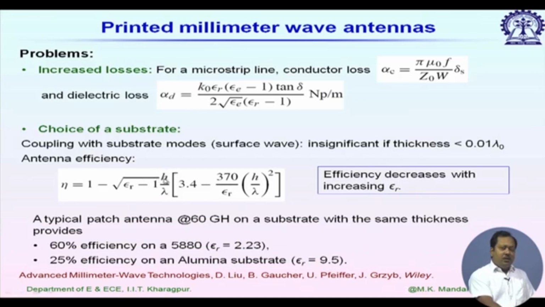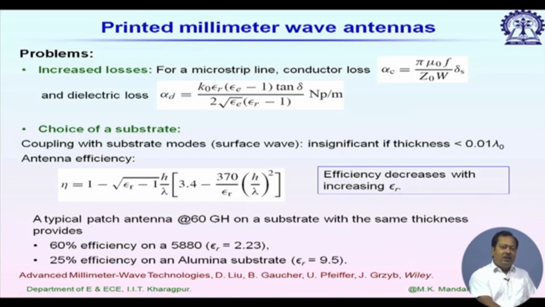So, thickness with respect to the wavelength or operating frequency, and one more epsilon r term is here. Now, if I plot eta versus epsilon r for a given thickness, let us say h is fixed and frequency is also fixed, that means lambda is fixed, in that case eta decreases with epsilon r.